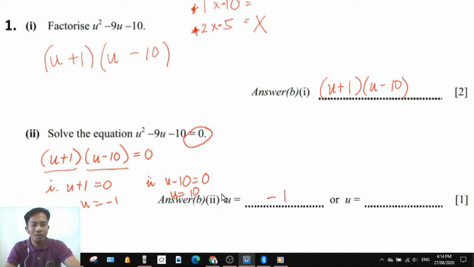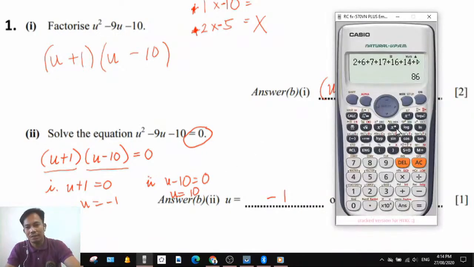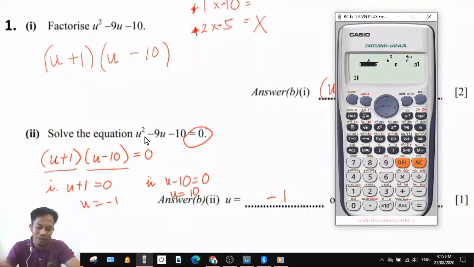Okay, but if I am going to use my calculator, I'll just press mode, equation, which is 5. Then I'll press 3 because it is the quadratic. I'll press 1 because remember it is written always as ax squared plus bx plus c is equal to 0. Your a is 1.